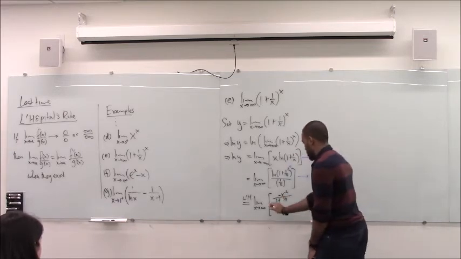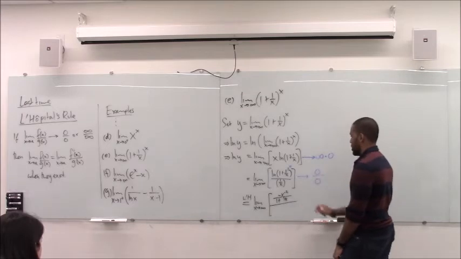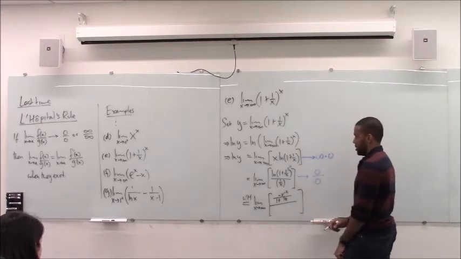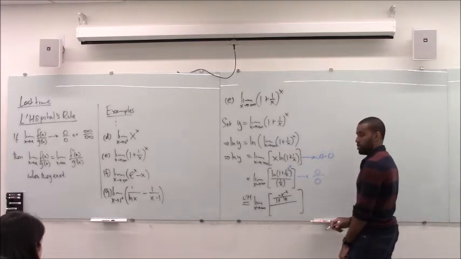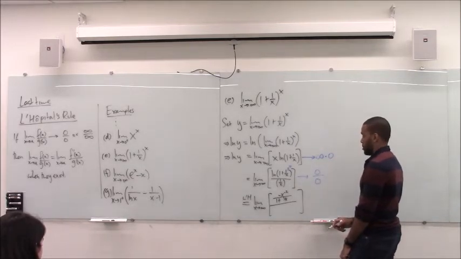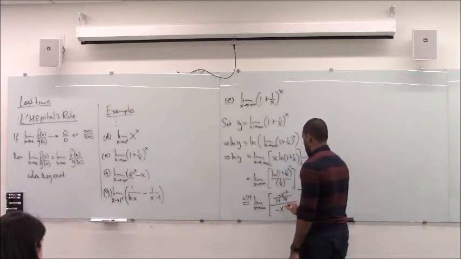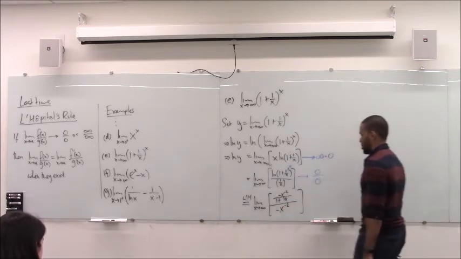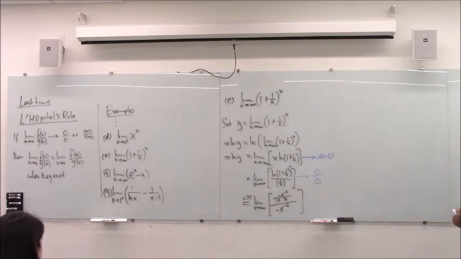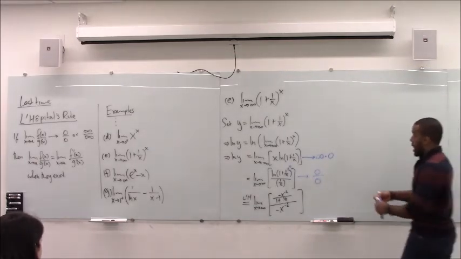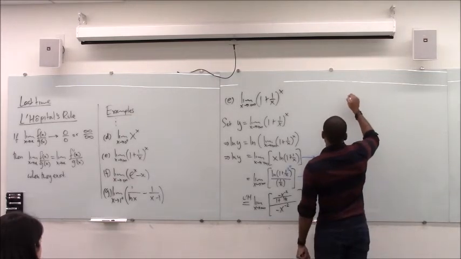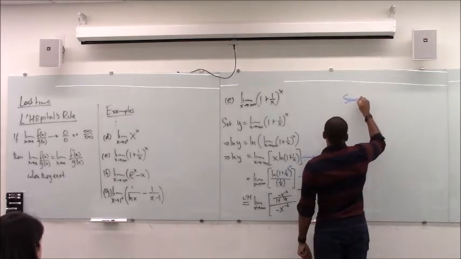Okay. And then how do you differentiate 1 over x? Negative x to the negative 2. Now, in general, here's the thing. After you apply L'Hopital's rule, you always try to simplify right after applying L'Hopital's rule.